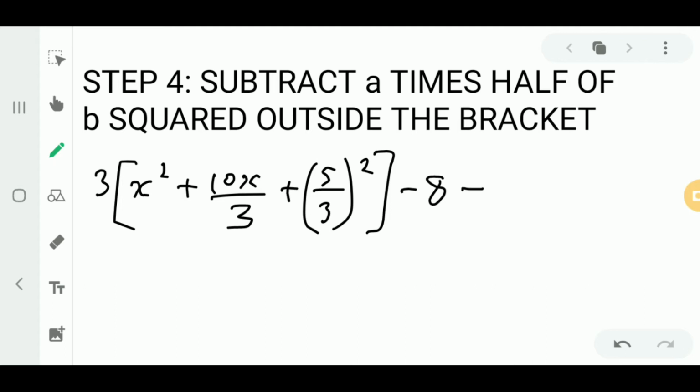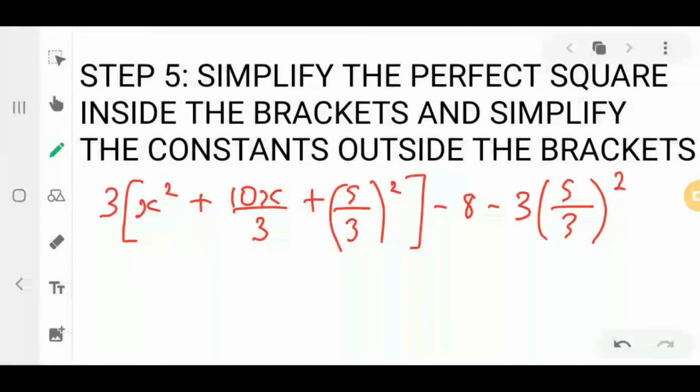So now we're subtracting a, which is 3, times half of b, which is 5 over 3, squared, and that's what we have. So now step 5 says simplify the perfect square inside the bracket, meaning inside here, and simplify the constants outside the brackets, meaning here.